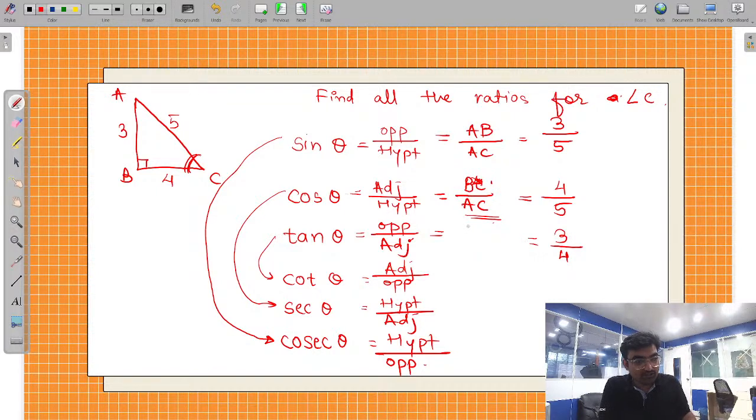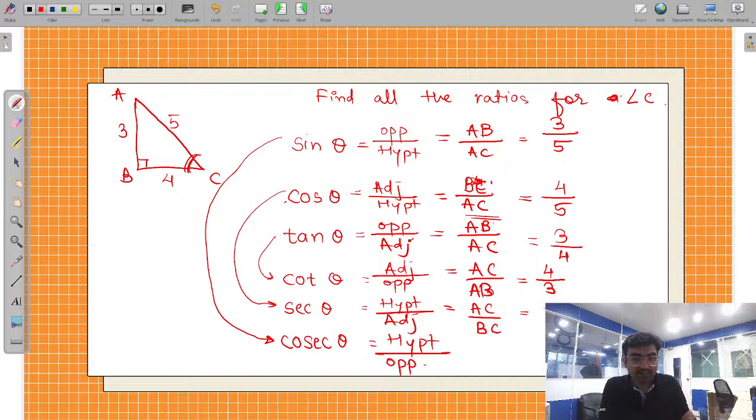Right. Again for tan, opposite is always going to be AB upon AC. Fine. Then AC upon AB, as it is adjacent upon opposite, and the ratio will be 4 by 3. For sec, the ratio will be the opposite of cos. If that is BC upon AC, then this will be AC upon BC.